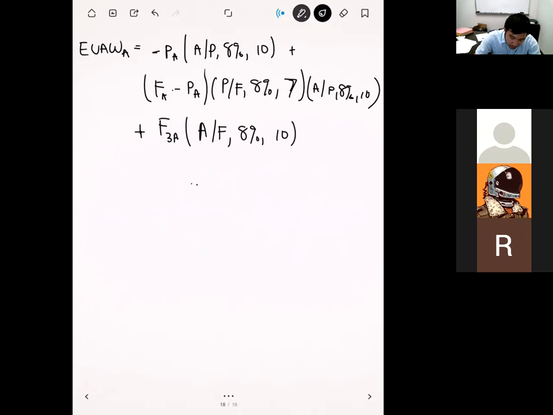We can fill in everything in this equation except for the cash flow amounts, and so what we get is a variable relationship. EUAW of A is going to be equal to minus 0.236 times P sub A, plus 0.087 F sub A, plus 0.069 F3A.